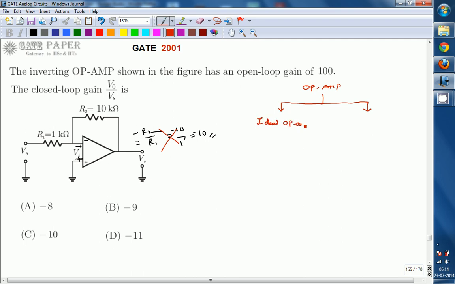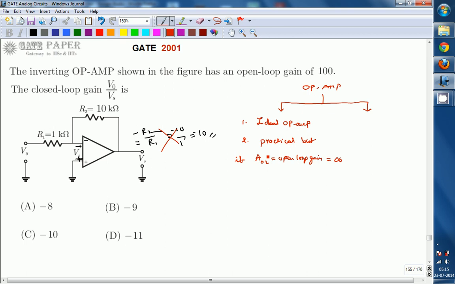The second case is if the op amp is practical but the open loop gain AOL, if it is given in the question, is infinite.